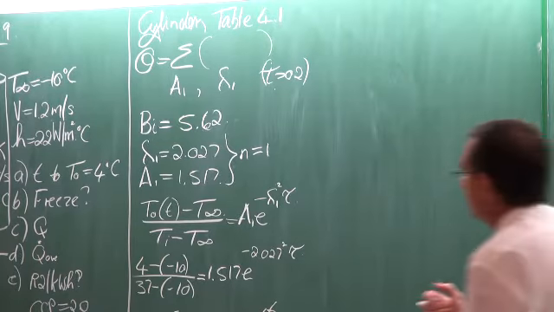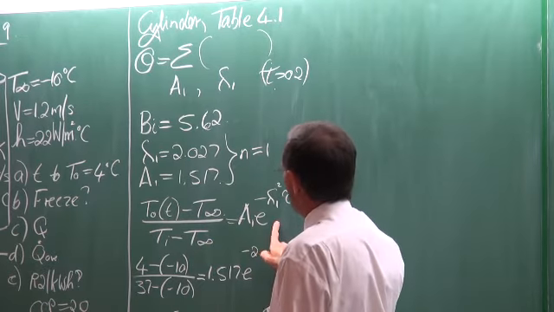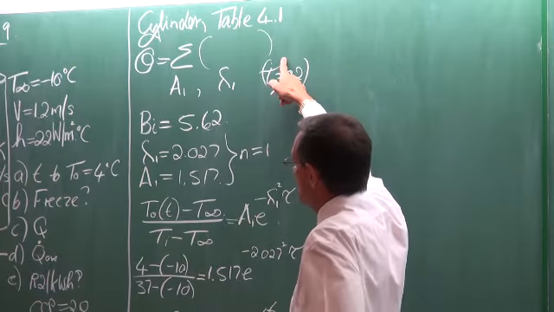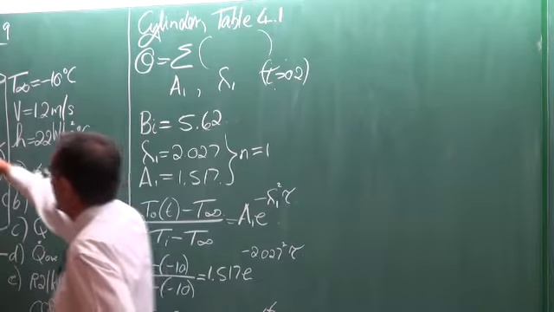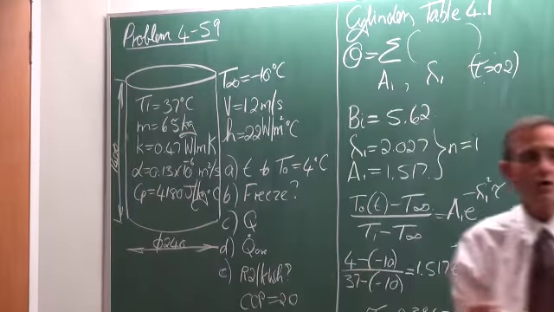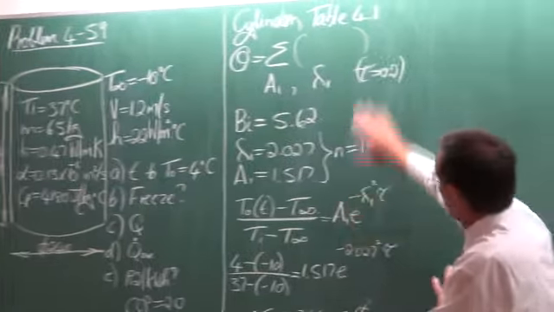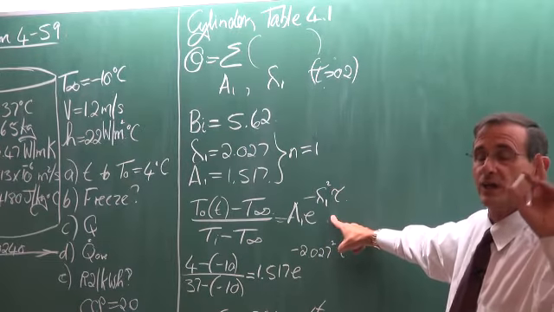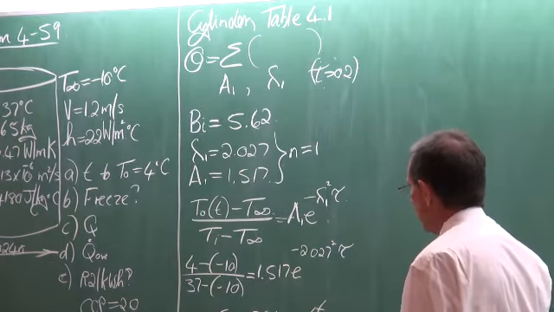You can do it numerically. We've also looked at the equation and said we can actually simplify it a lot, because we want to know the temperature at the center, and at the center, r is equal to 0. The result of all that is that this complicated equation, if we can only use n equal 1, can be reduced to this very simple form.